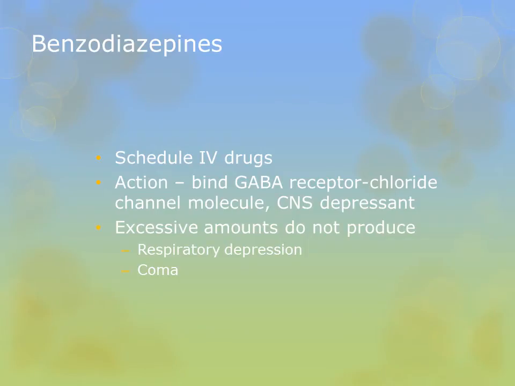Well, it means it goes through the liver and it's metabolized into a more active form. And so then these circulate, and not only does that prolong the half-life, it means that the drug is going to be more active for a longer period of time.